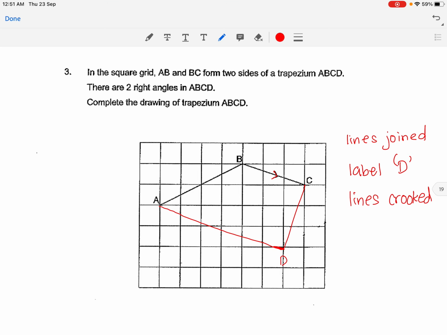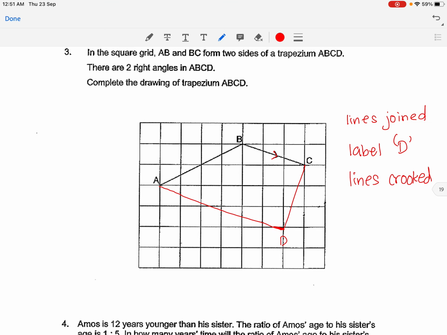So if your lines are crooked, minus half. Is it okay? And if your drawing happens that your point D is somewhere here, that means it is not at the edge of the square grid, 0 mark. So just take note of the drawing. It must be done using a ruler.